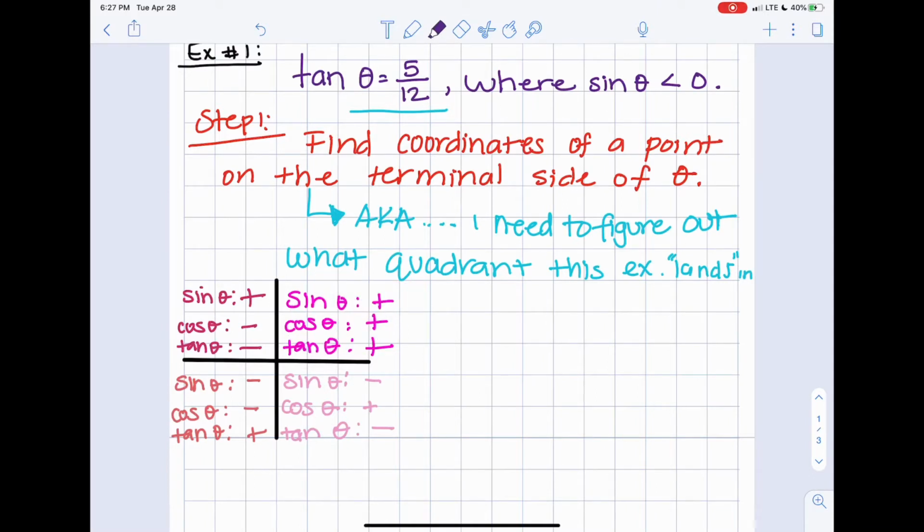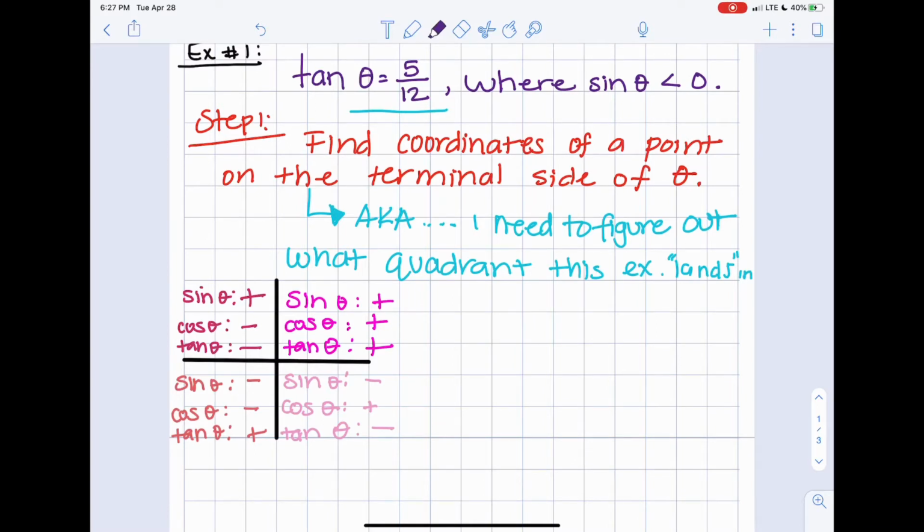So we have tangent theta, so I know for sure I'm only looking at my tangents so far. But look at the information that the example gives us. It says tangent of theta equals 5 over 12, where sine of theta is less than 0. So that means it has to be a negative number: if it's less than 0, then it's negative.